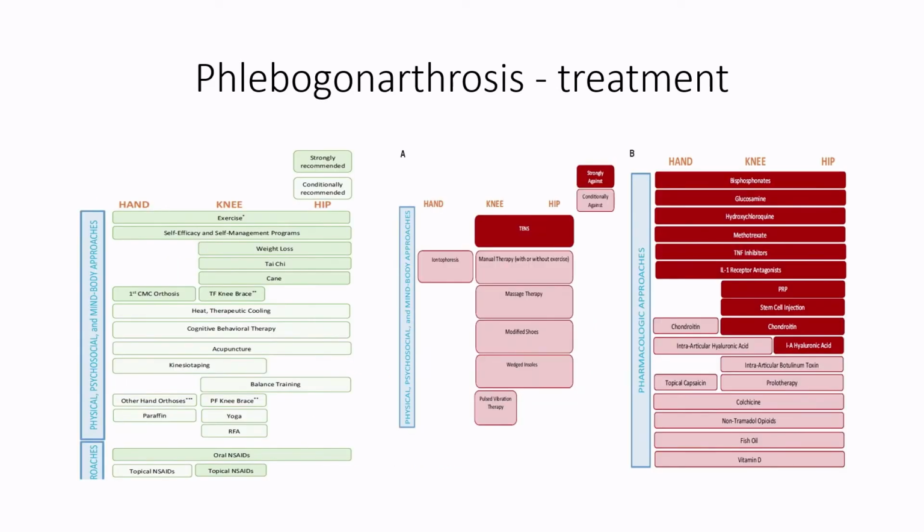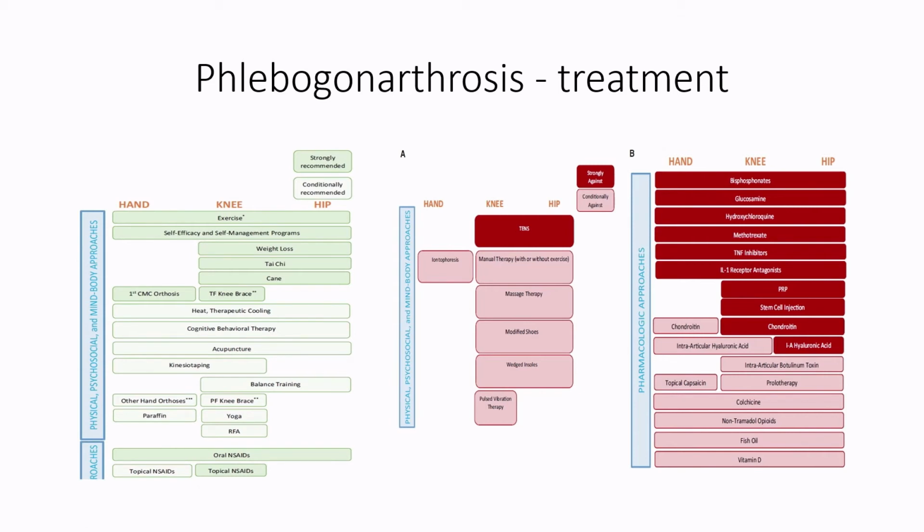The most important drugs are oral non-steroid anti-inflammatory drugs and topical non-steroid anti-inflammatory drugs, which are strongly recommended. I don't know the situation in India, but I know that in Russia the most important drugs are glucosamine and chondroitin.